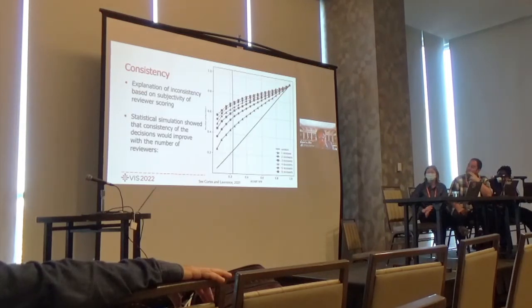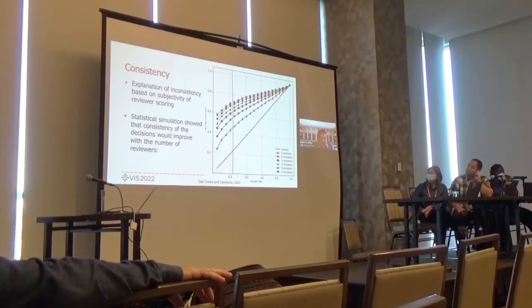Now, the paper that I'm citing actually goes into a lot of details and does a lot of really interesting analysis. And they explain the inconsistency based on a subjective part of the reviewers' scores and an objective part of the reviewer scores. And based on the statistical analysis, they ran a simulation experiment that showed that the consistency of the decision would improve with the number of reviews.